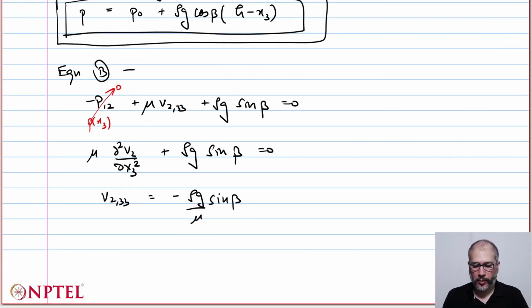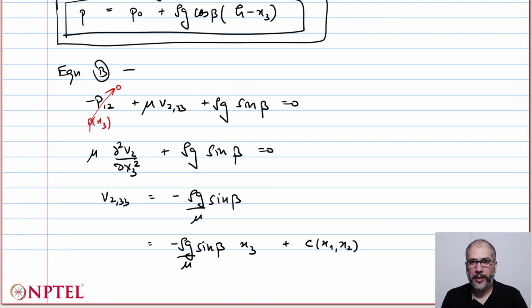So if I integrate this twice, for the first time we'll get minus rho g upon mu times sine beta times x3 plus some constant which is a function of x1 and x2. But we have already established the fact that our v2 is a function of purely x3.